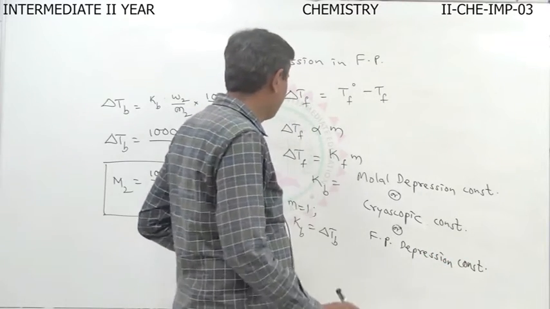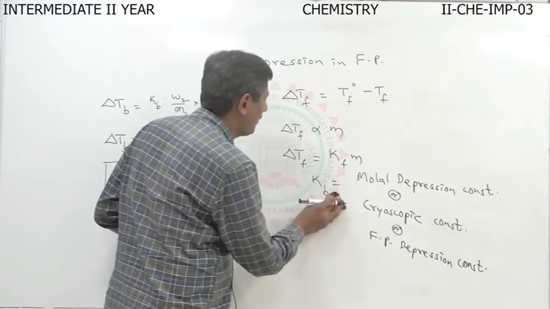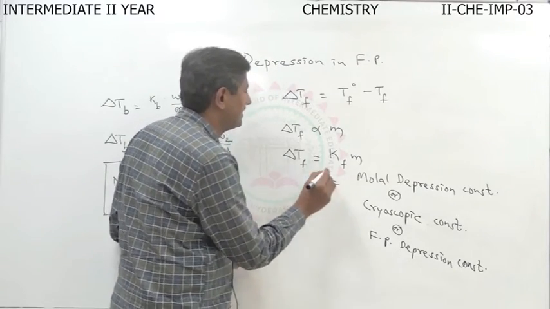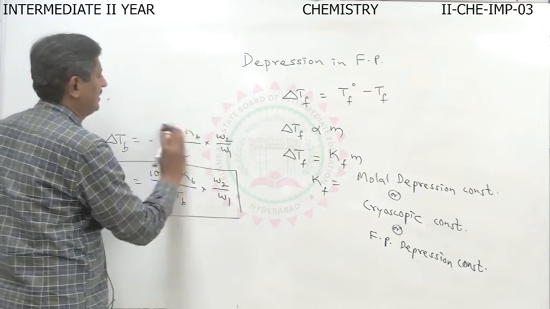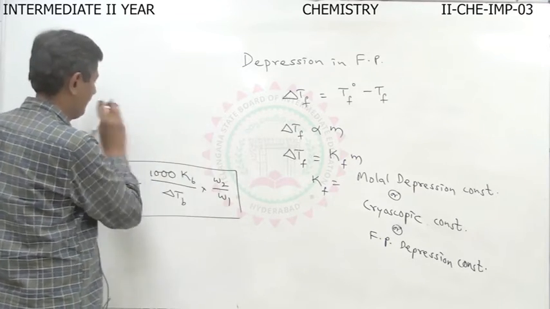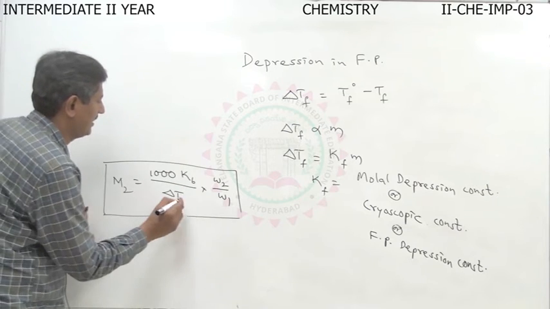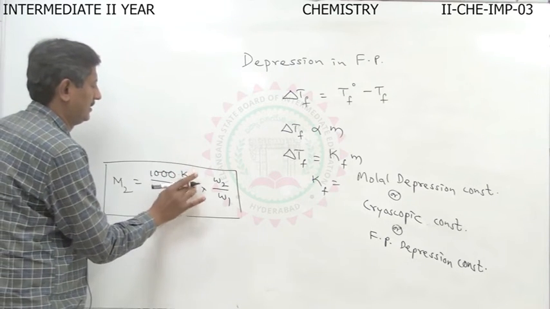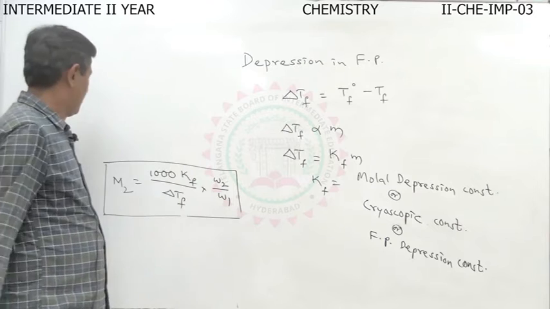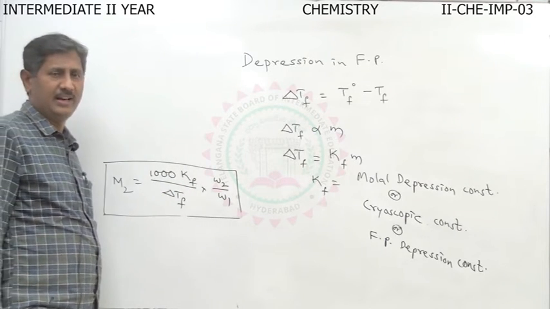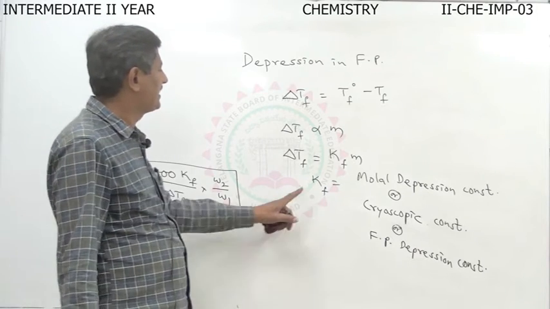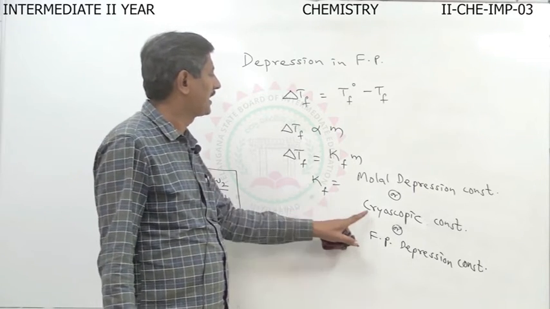By doing all these things, we can substitute everything here. Very simple. So M2 is equal to 1000 KF W2 by delta TF W1. And this KF is equal to what? Cryoscopic constant.